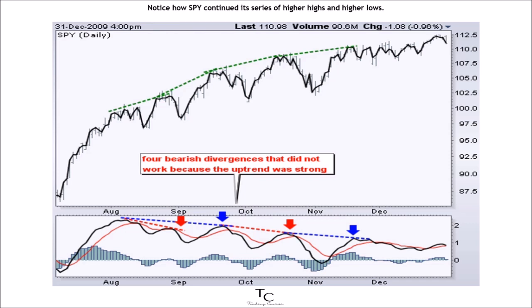Notice how SPY continued its series of higher highs and higher lows. Remember, upside momentum is stronger than downside momentum as long as the MACD is positive. The MACD, or momentum, may have been less positive, or strong, as the advance extended, but it was still largely positive.